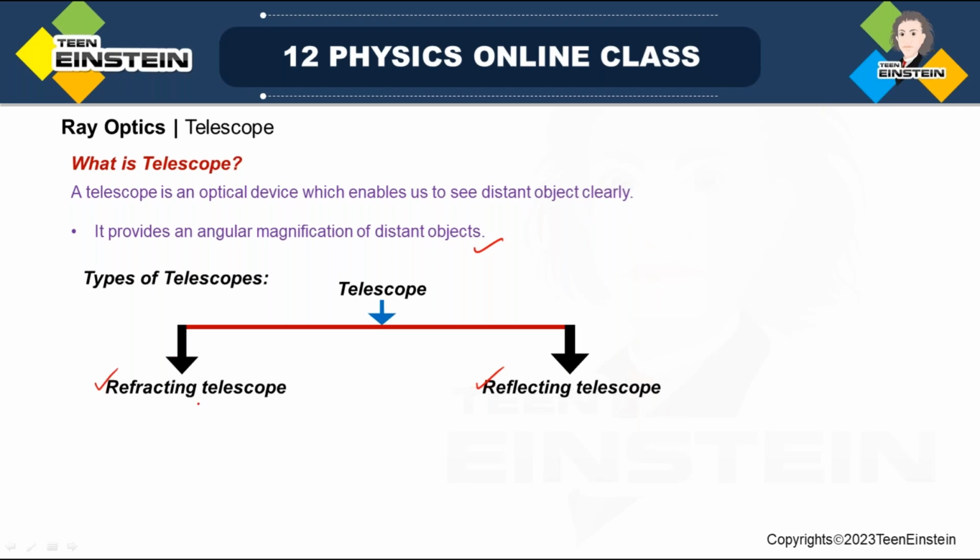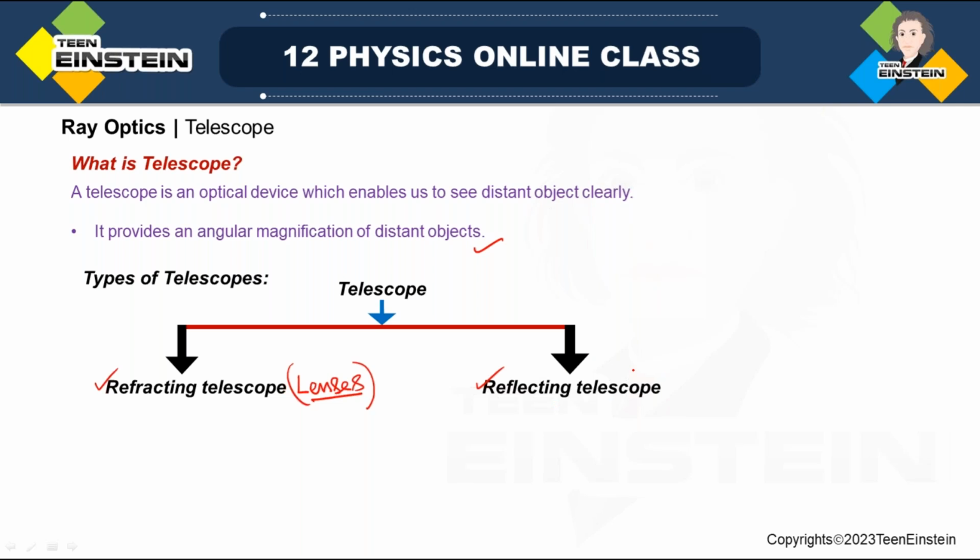When I say refracting telescope, that means the phenomenon of refraction of light is being used in this type of telescope. So refracting telescopes use refraction of light, and hence they have to use lenses for construction.